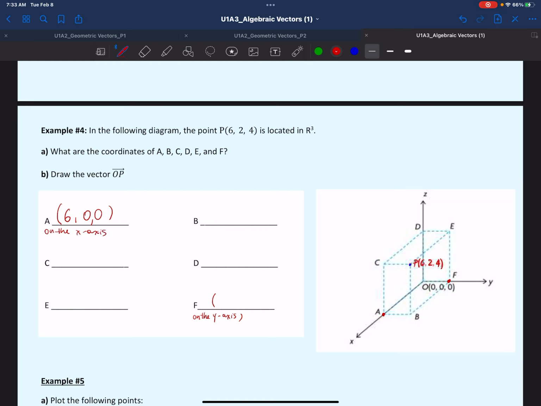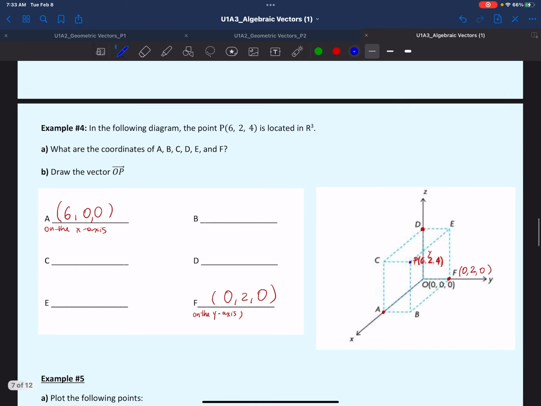It means that x will be 0, z will be 0, but y will be different than 0, which means that y will be 2. So 0, 2, 0. The last point on the axis will be the point D. So this is on the z-axis. So since point D is on the z-axis, then we'll say that only z is different than 0. So the other two must be 0.